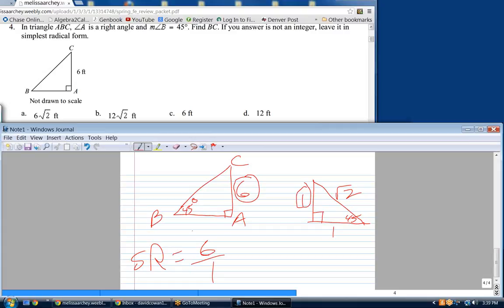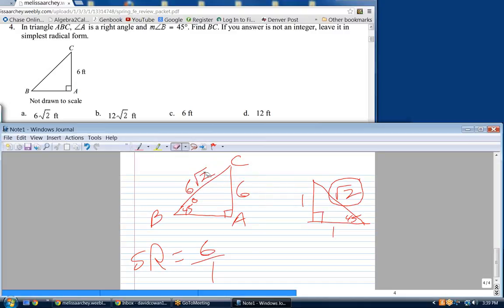Which means every side of this triangle has to be 6 times greater than its equivalent side of the unit triangle. So if the unit triangle's hypotenuse is square root of 2, this one has to be 6 times that: 6 square root of 2.